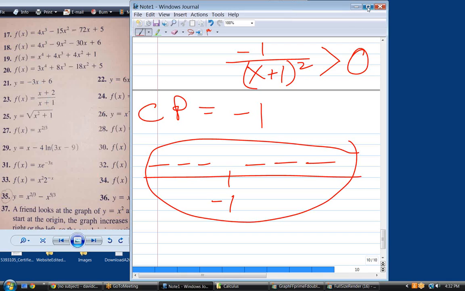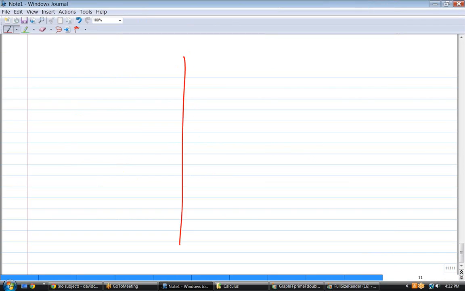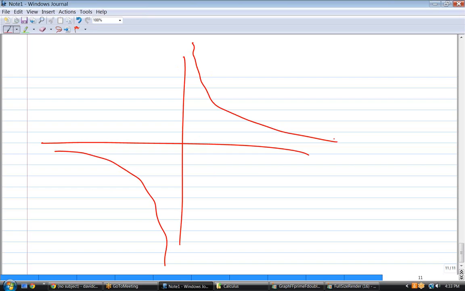Now, that's hyperbolic in nature. Well, how does a hyperbolic function decrease everywhere? How about if it looks like this? It can't ever be negative 1, but it's still decreasing throughout the domain. Actually, the interval is important: negative infinity to negative 1, and then negative 1 to positive infinity.